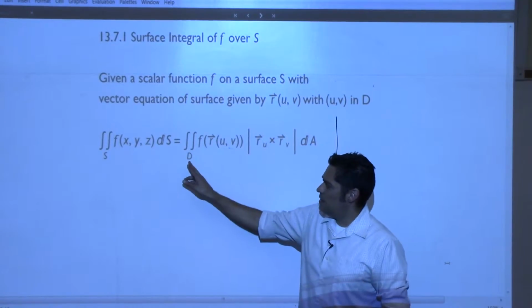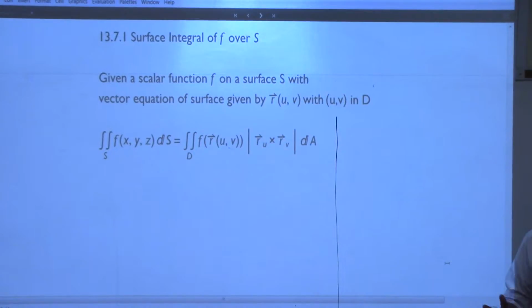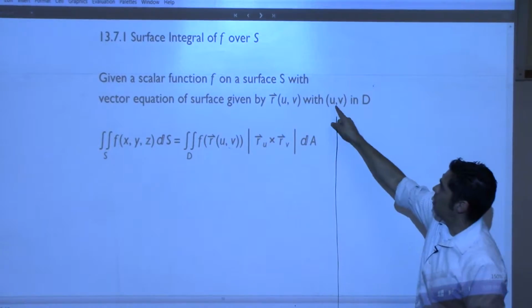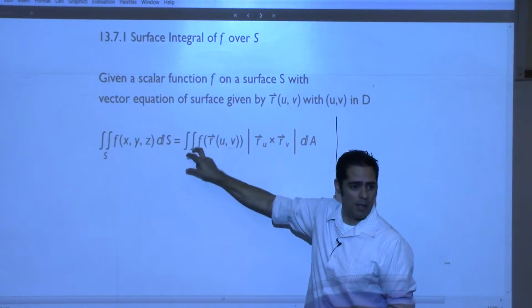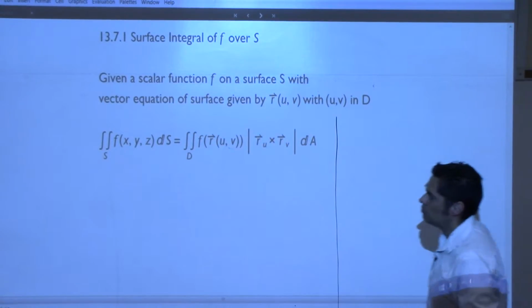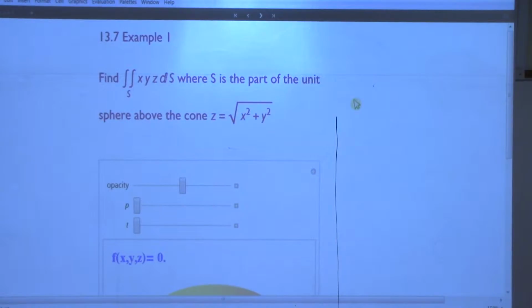And D here, our restrictions are on u and v. Whatever our restrictions on u and v are will become our limits of integration on this double integral. I think we'll just get right into an example.